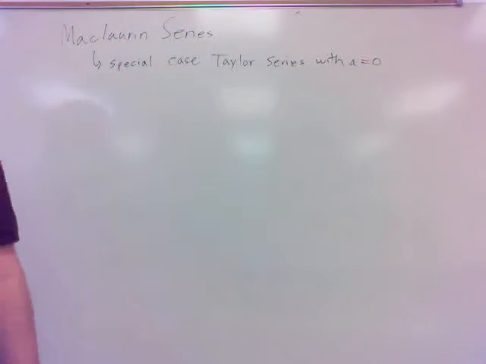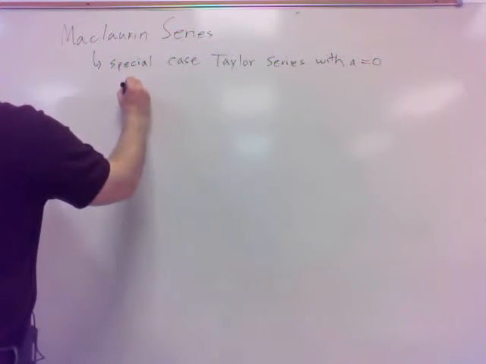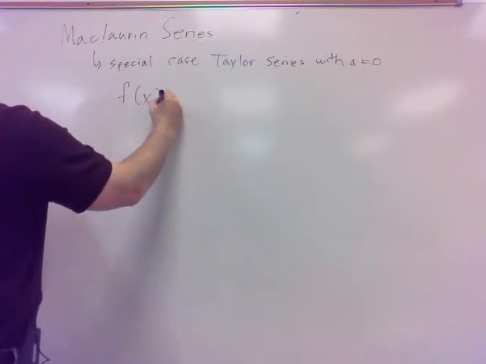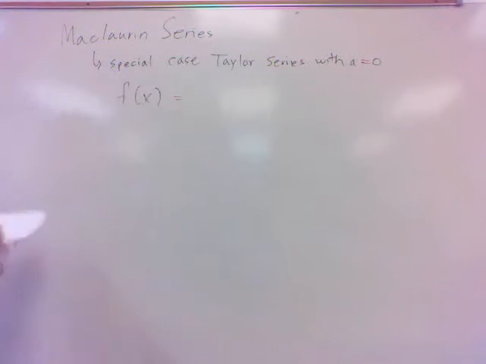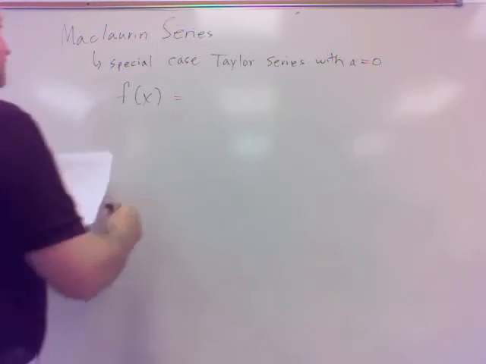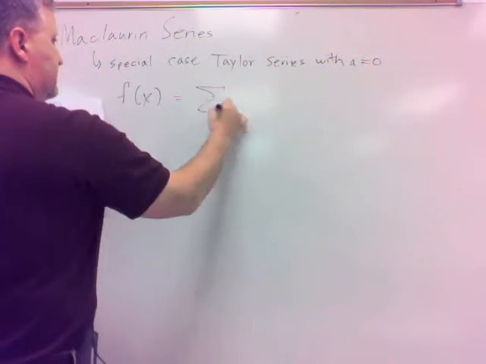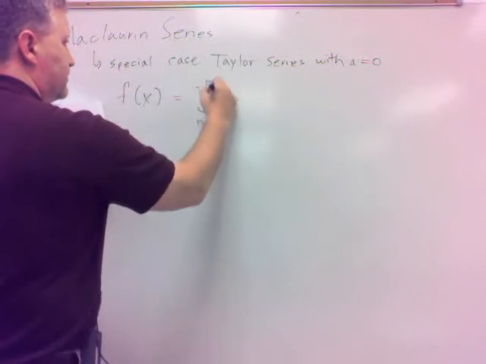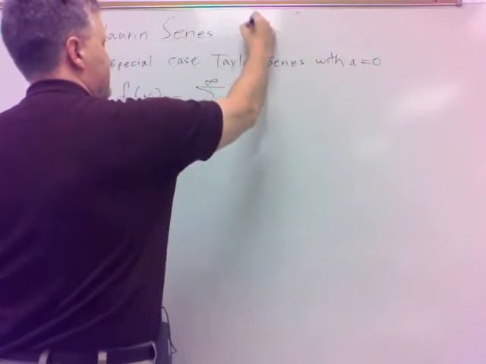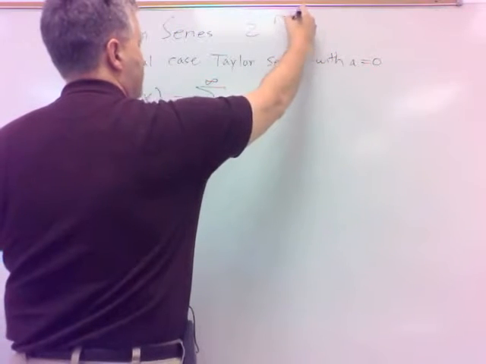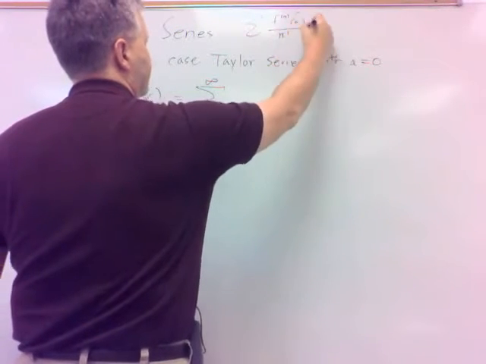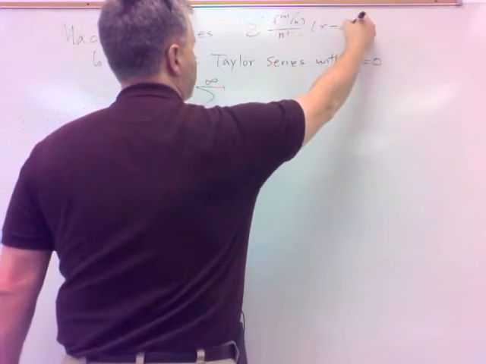So what does that mean for my formula? Well, that would mean f of x, whatever function I'm trying to write the power series for, is the sum n equals 0 to infinity. For the Taylor series, it's the nth derivative at a over n factorial times x minus a to the n.